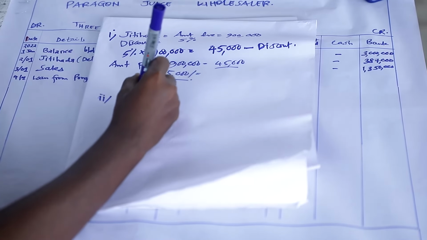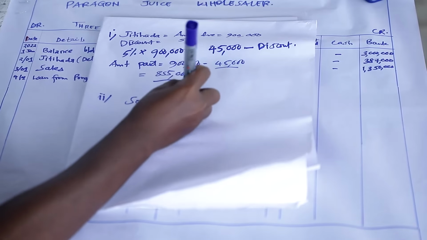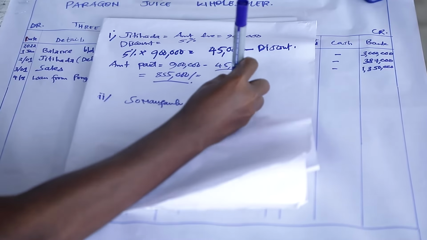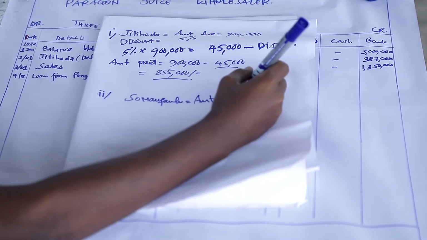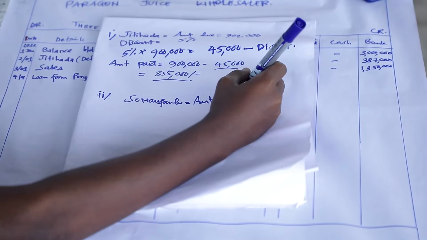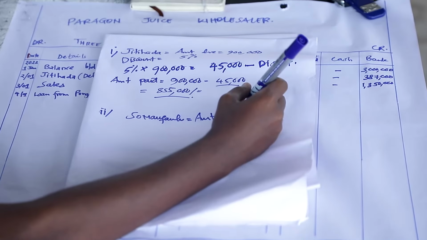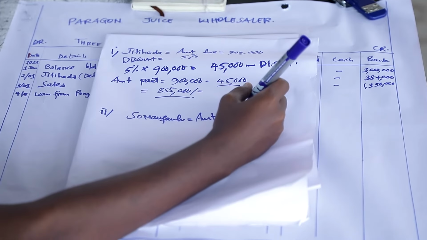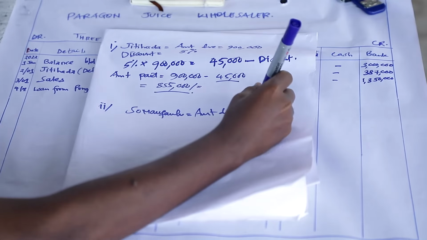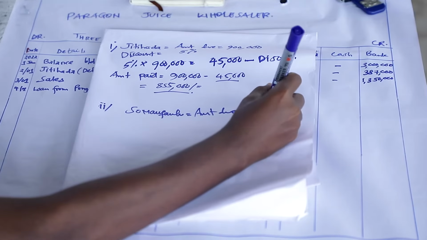So Somofaulu alikuwa anatudai amount ya juu ambayo ni 2,292,000.